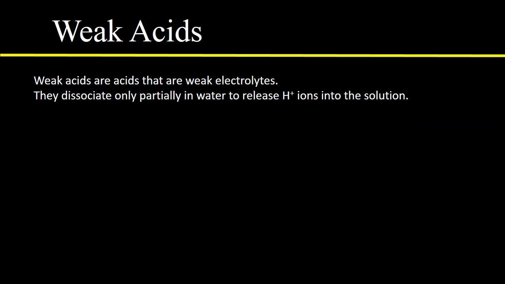All right, then we've got weak acids, and weak acids do the same thing. They release hydrogen ions in solution, but they are not strong electrolytes. So these are things like HF, which we said last time breaks apart in solution to release ions. But the overwhelming majority of the molecules stay in this form.